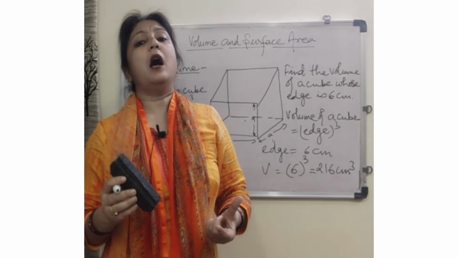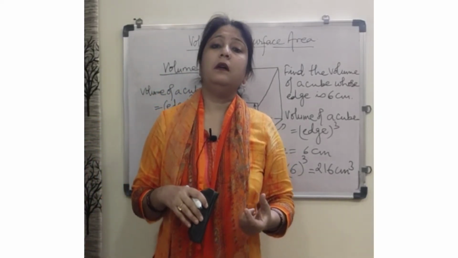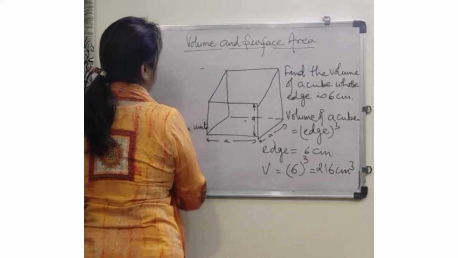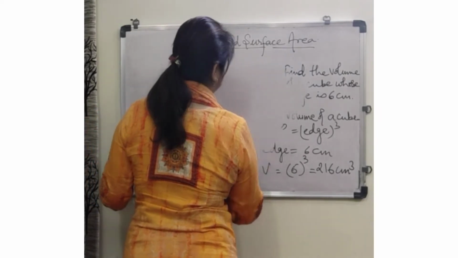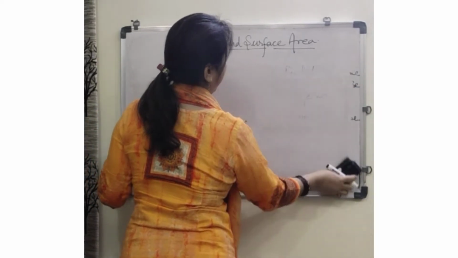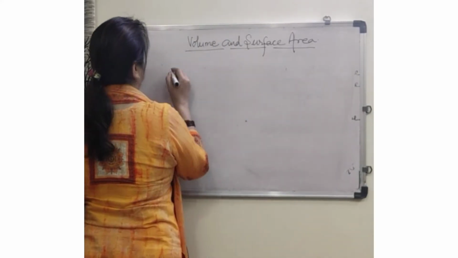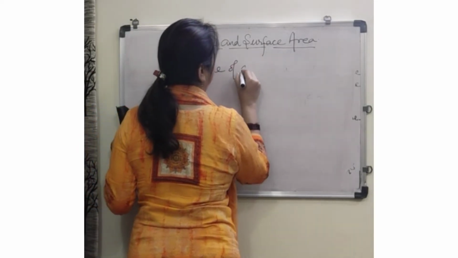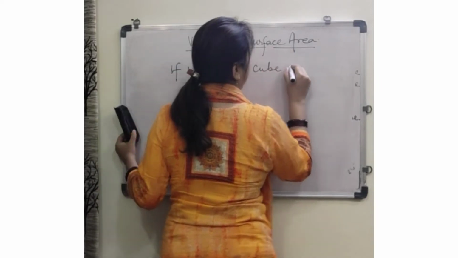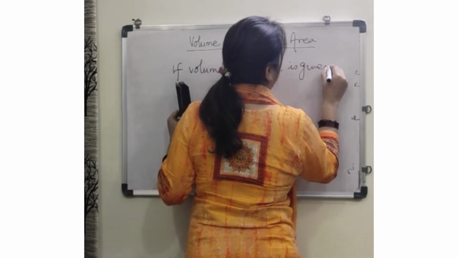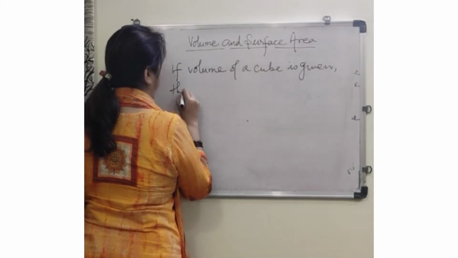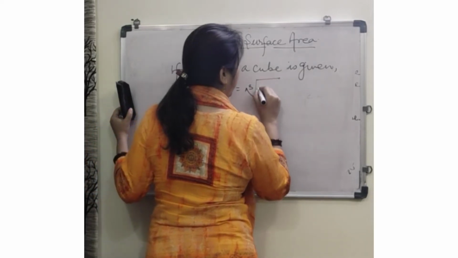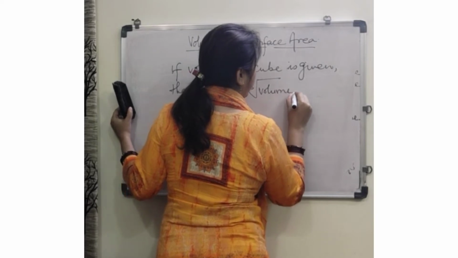So this is how you can calculate easily the volume of a cube whose edge is given to you. Now coming to the converse. Converse means if volume of a cube is given, then edge is equal to cube root of its volume.